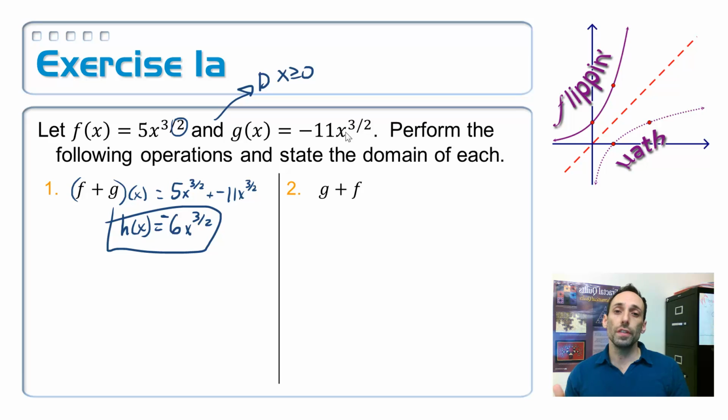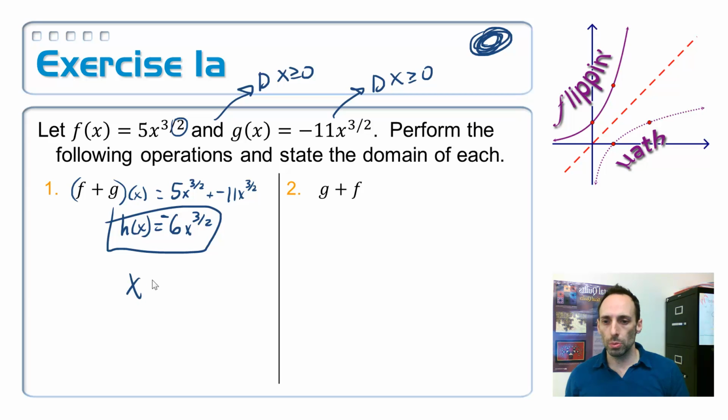And since the g of x function has the same root on it, that 1/2 power, its domain is also x is greater than or equal to 0. So in terms of like a Venn diagram, these things are both the same circle. They're the same domain. So the domain of this one must also be x is greater than or equal to 0. The end.